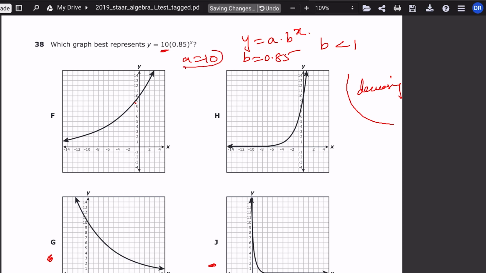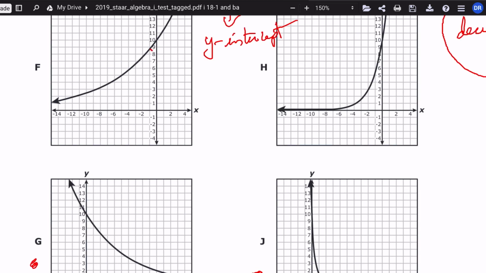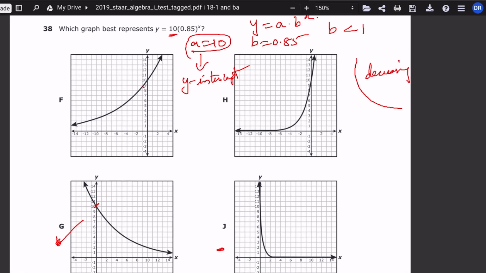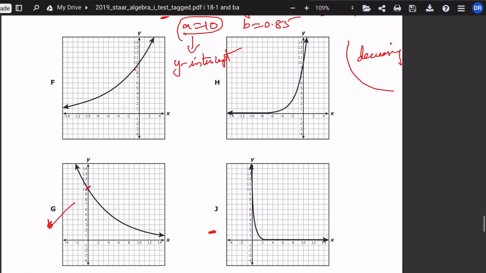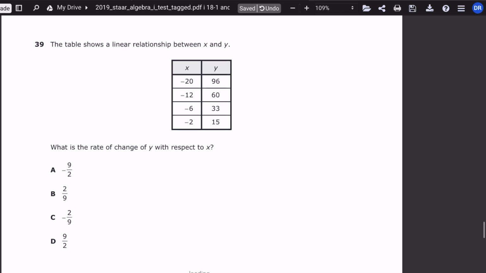Now this a is nothing but the y-intercept, so the y-intercept is 10. Which graph in these two has the y-intercept as 10? It is in this place. So graph G is the correct option.